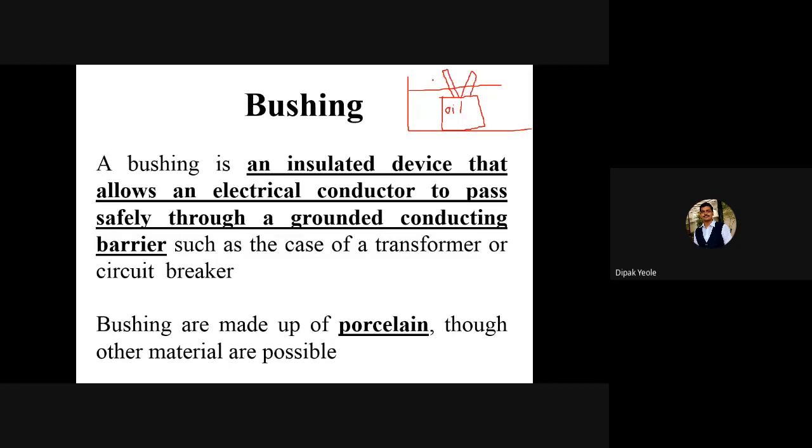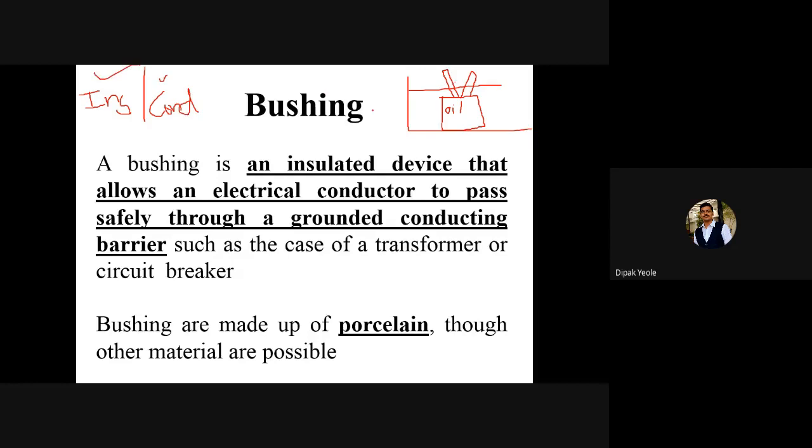I told you earlier that materials are divided into two types: the insulator and the conductor. The purpose of these two materials is quite different, and this concept is very useful for electrical engineering.